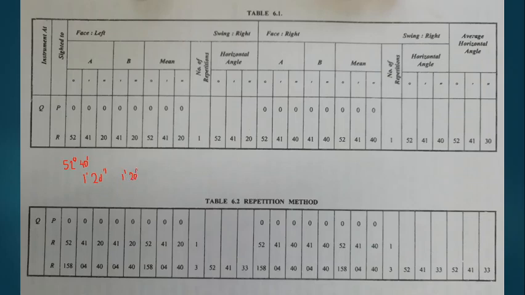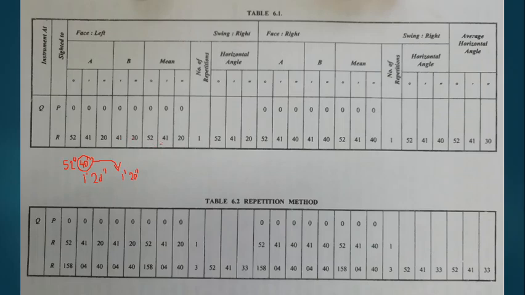Remember, here you do not write directly 1 minute and 20 seconds; if you do that, the reading will be a blunder. Instead, we consider the 40 minutes in the main scale reading, so 40 plus 1 is 41 minutes and 20 seconds. That means on vernier B, the complete reading will be 52 degrees as it is, and 41 minutes and 20 seconds.